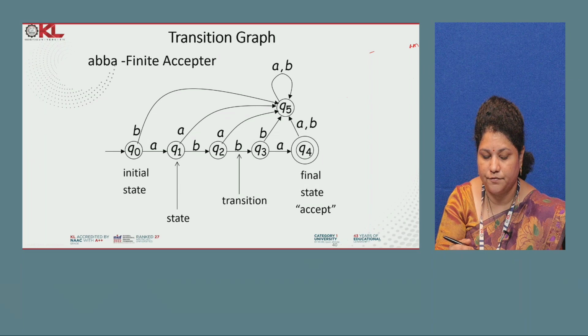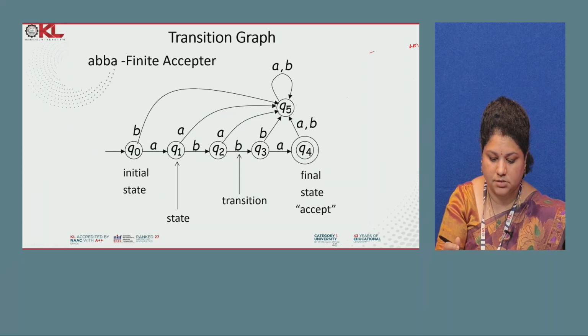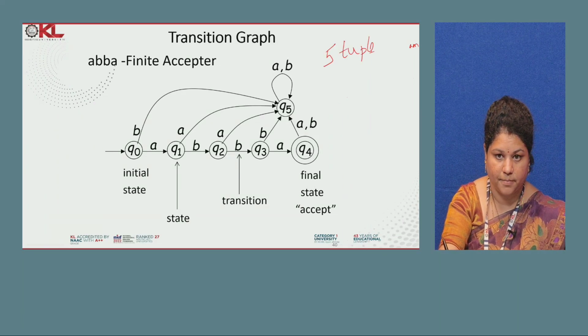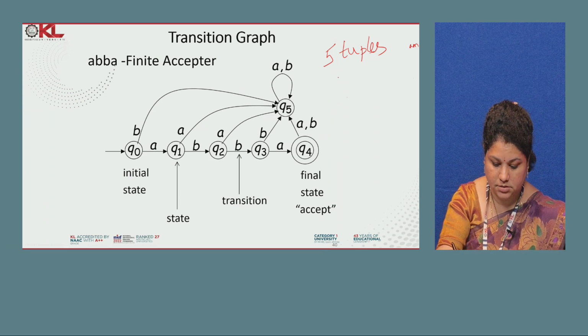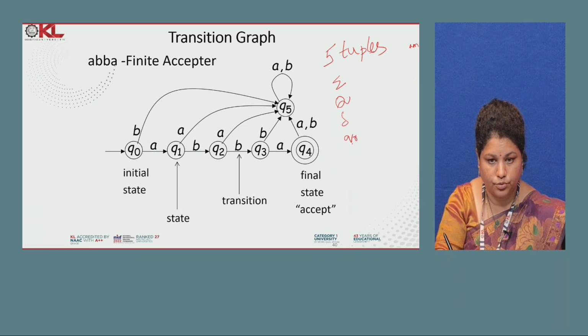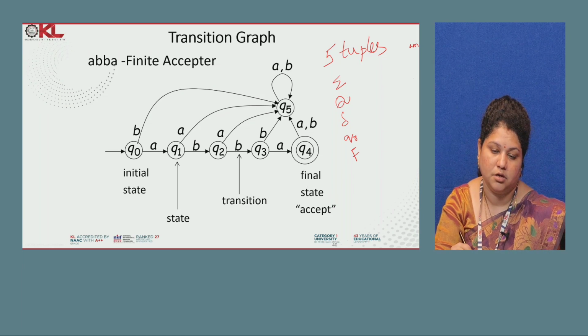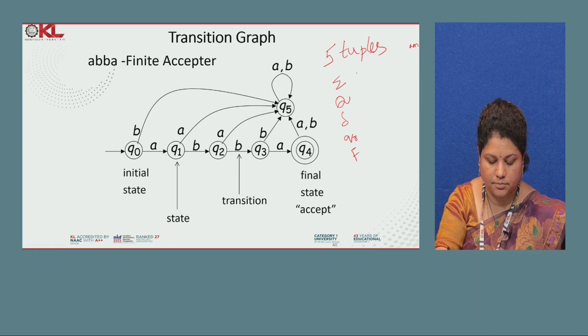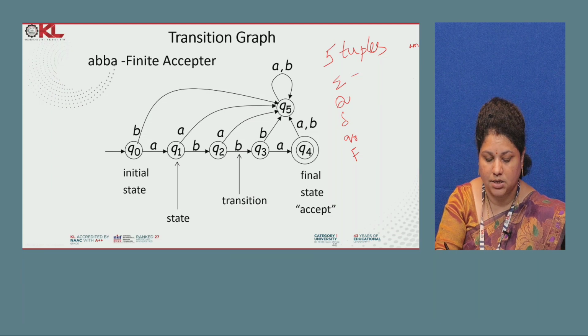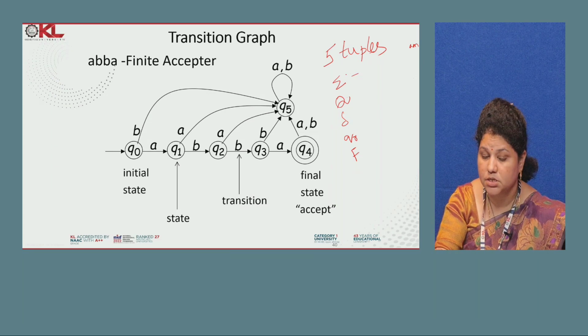To construct a DFA diagram, we have 5 tuples. What are the 5 tuples? Sigma, Q, delta (the mapping function), Q naught, F. Sigma is nothing but the input symbols we are using; all are represented with sigma.